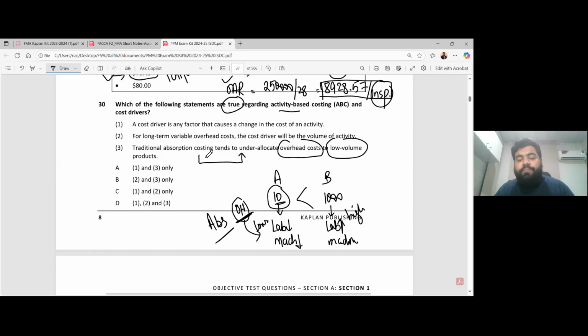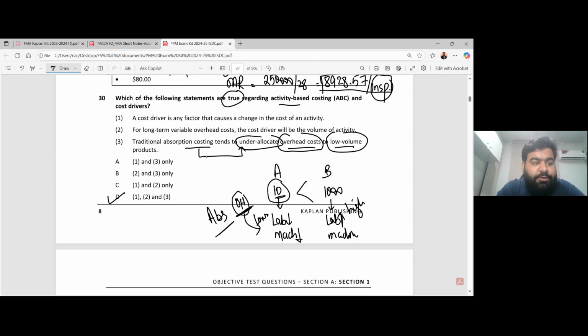So it is a correct option, because if we read it again, absorption costing tends to under allocate, meaning assign less overhead cost to low volume product. Yes, it's the main issue of absorption costing, and it's correct. So the answer will be D: 1, 2, and 3. All options are correct.